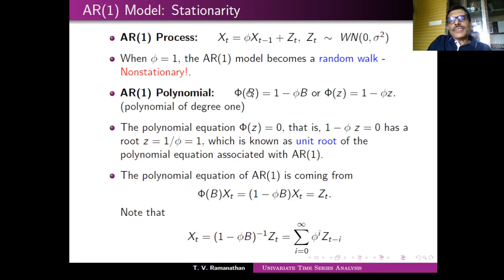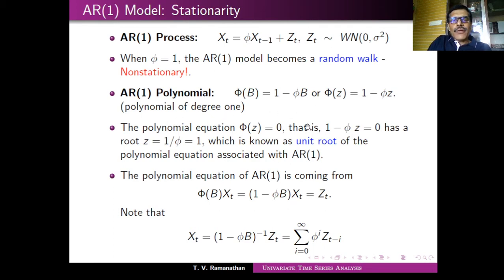Now I'm going to introduce a concept called the polynomial related to the AR model. I'll define phi of B as 1 minus phi B, a polynomial in B of degree 1 because it doesn't have higher powers. Or in other words, you can write phi of z equal to 1 minus phi z. These two are different. This is just a notation to indicate a polynomial, whereas phi is the parameter, the coefficient which appears here.